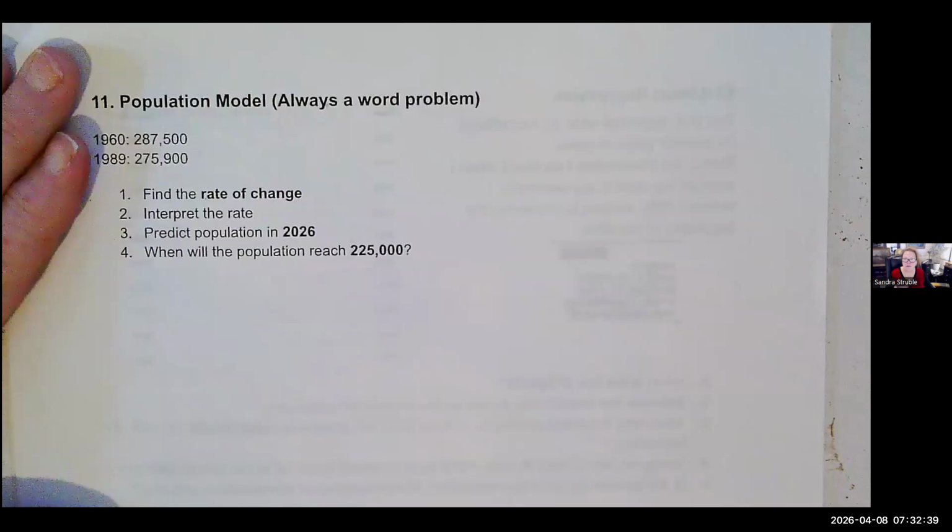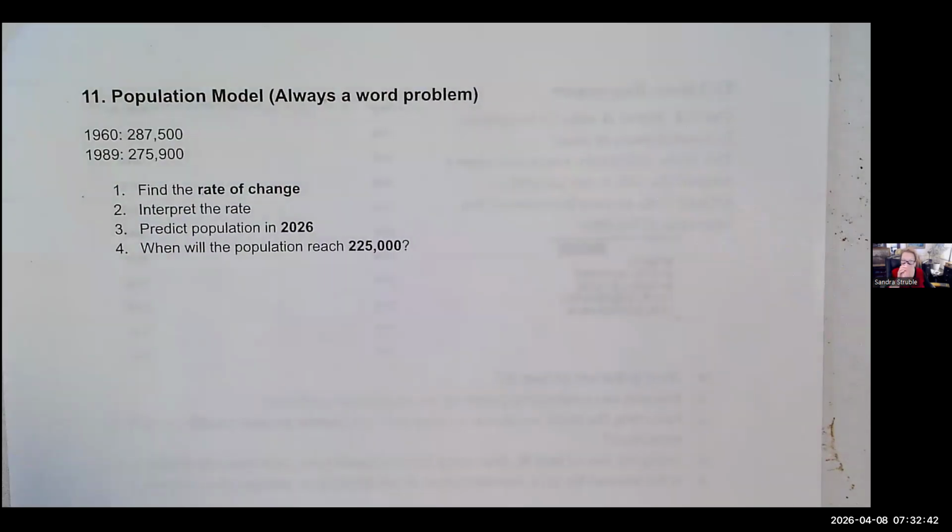All right, population model, always a word problem. If in 1960 the population is 287,500 and in 1989 the population is 275,900, find the rate of change. That's your slope. So I'm going to label these x1, y1, x2, y2. These are ordered pairs.